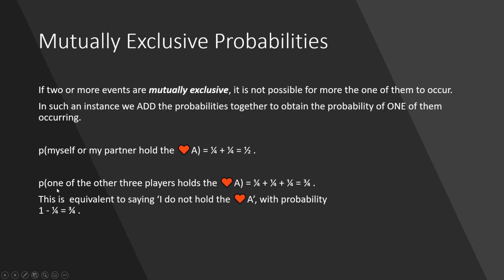The probability of one of the other 3 players holding the ace of hearts, as discussed on the last slide: a quarter for my partner, a quarter for my left-hand opponent, a quarter for my right-hand opponent. I've got 3/4. So this is equivalent to saying I do not hold the ace of hearts myself, with probability 1 minus the probability I do have it. So 1 minus a quarter is 3/4.